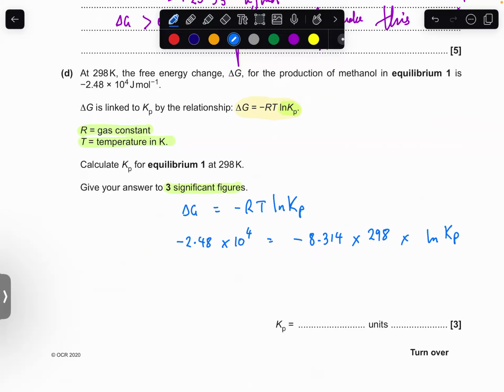So let's rearrange that and work out the natural log of Kp by bringing R and T to the other side.